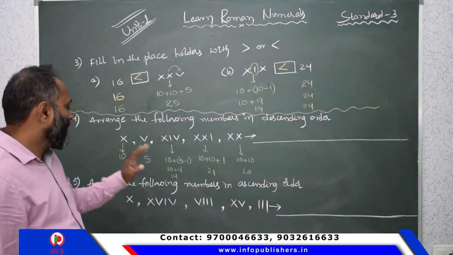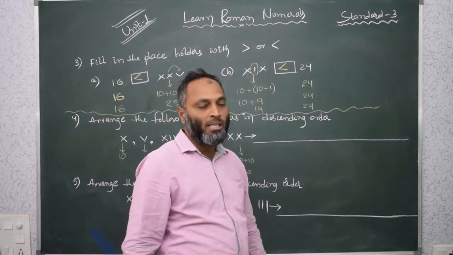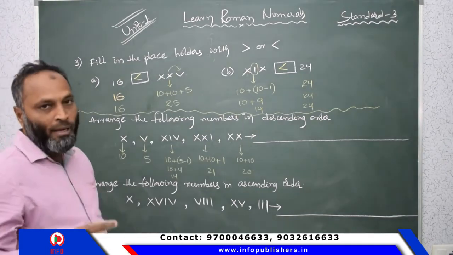Among these five, we write in descending order. Descending order means decreasing order, from bigger to smaller.